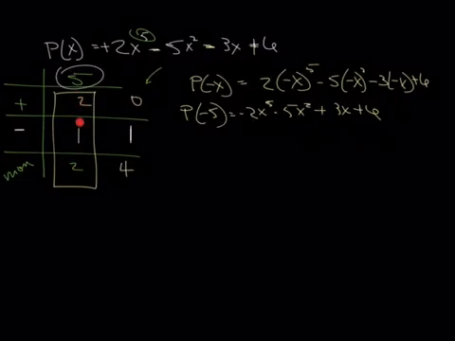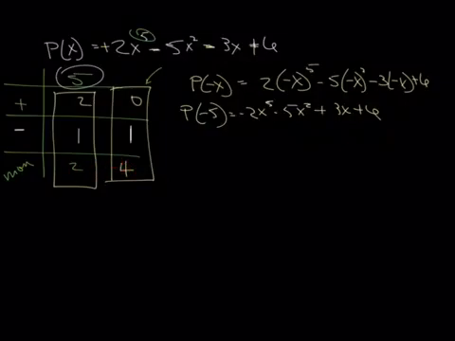The other possibility is we don't have any positive ones, we have 1 negative one, and we have 4 non-real numbers. So this is the other possible arrangement of the 5 numbers. We know we get 5 numbers, but it's nice to know which of those answers are positive, which are negative, and which are non-real.